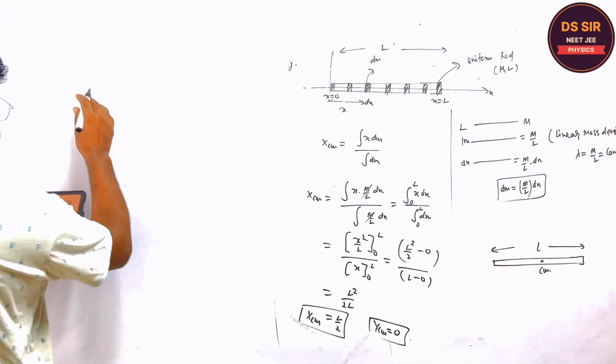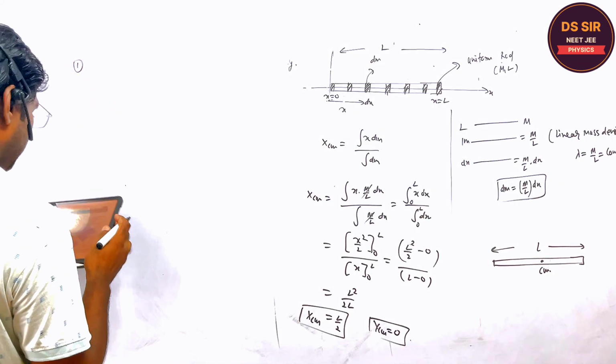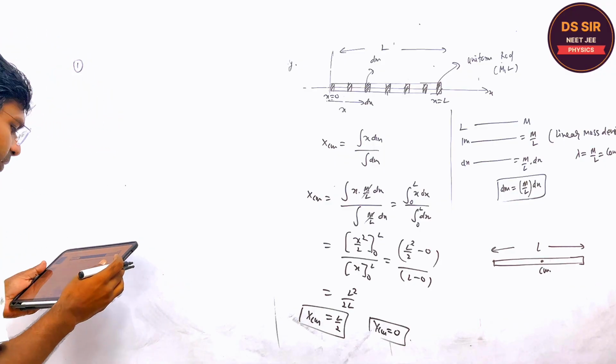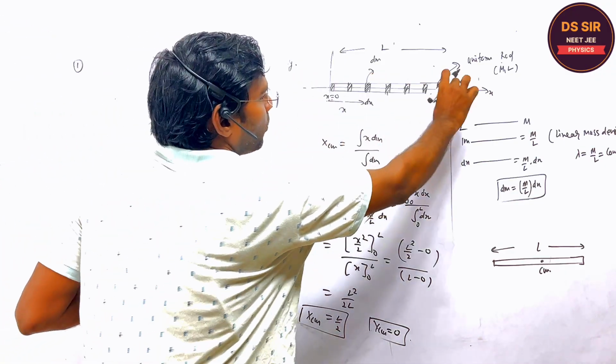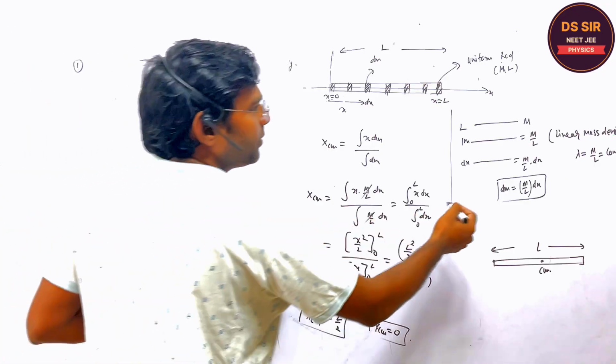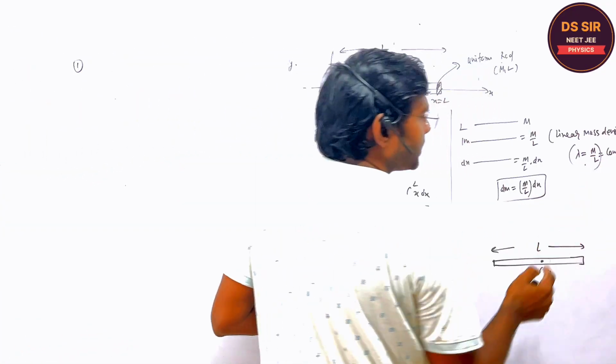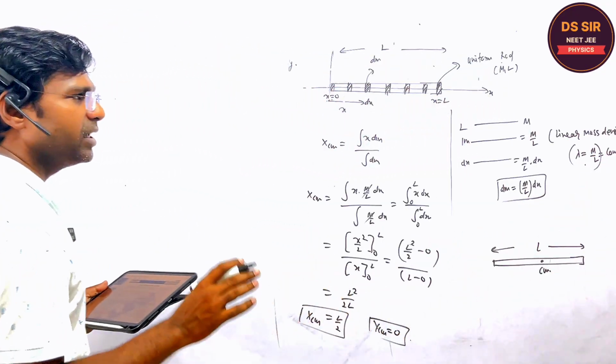Copy this. At the distance from the same end. Listen, one thing. This is a uniform rod, where the linear mass density is nothing but mass by L, which is constant.